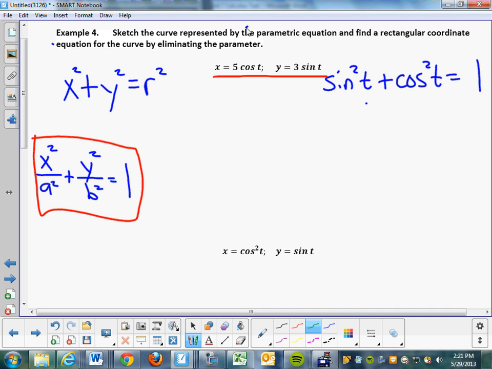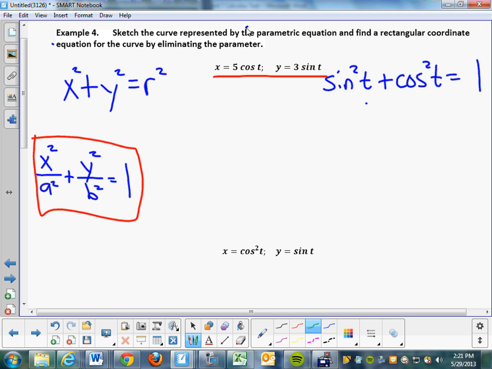And I'm just going to show you a little trick. This sine squared plus cosine squared equals 1. That looks pretty useful, doesn't it? Because it very much resembles what the equation for the ellipse is going to look like. All I have to do is get rid of the sine and the cosine.